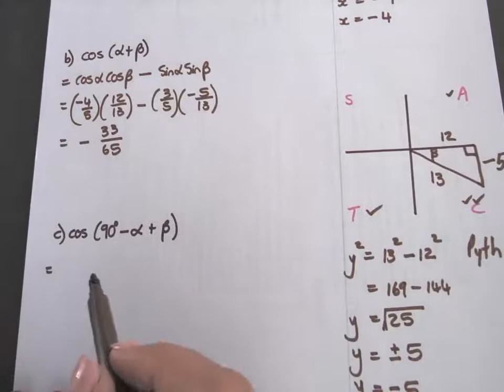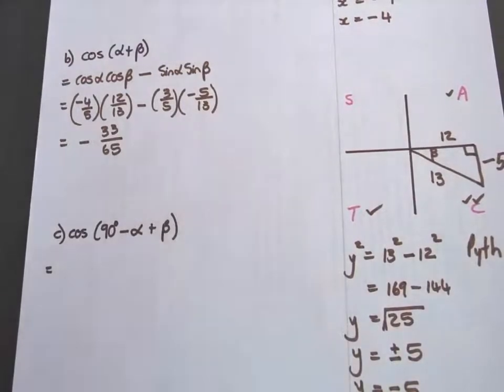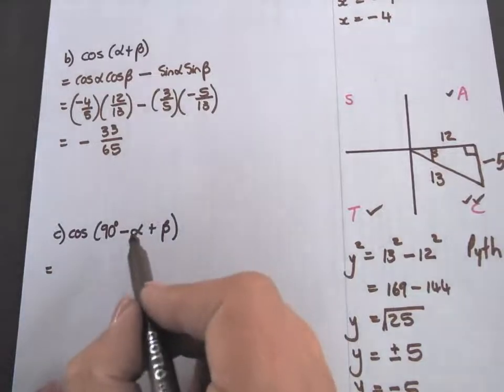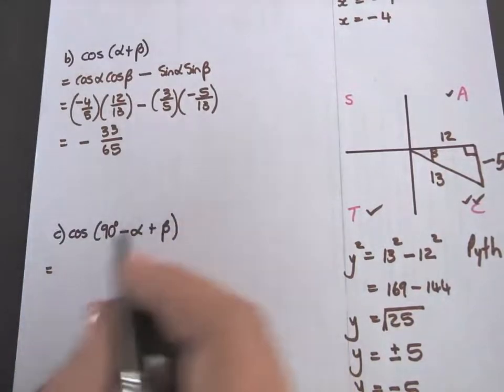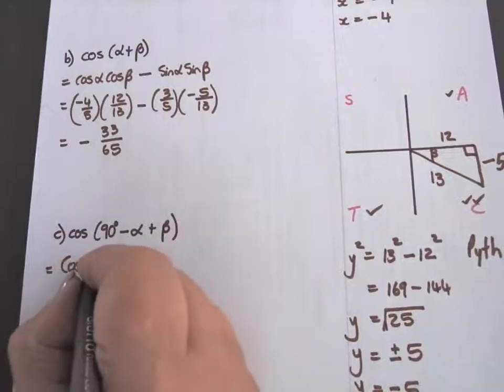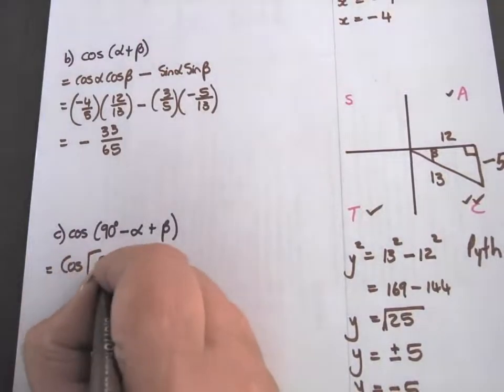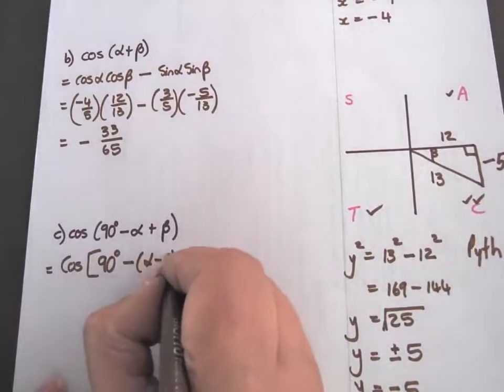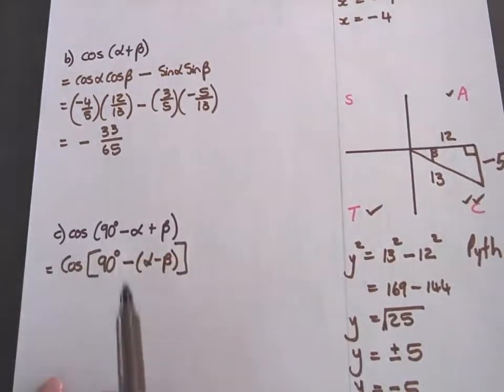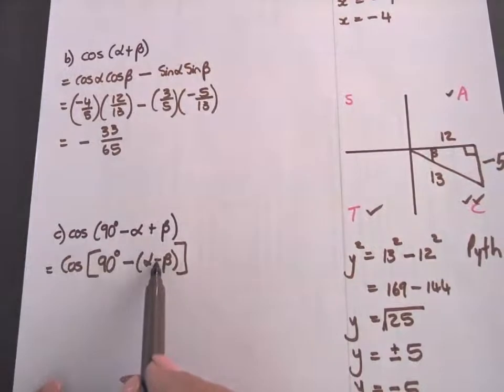With co-functions, we need a 90 degree minus a unit, but there are two angles. So let's put that as a unit. So let's just rewrite that as cos 90 degrees minus alpha minus beta. I took out a negative, that's why the sign changes.